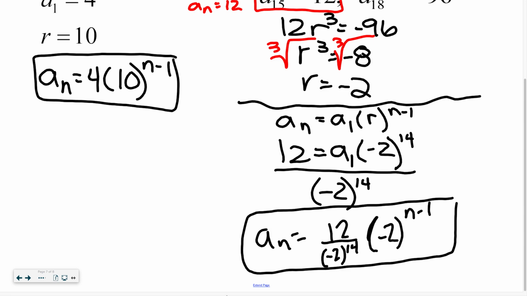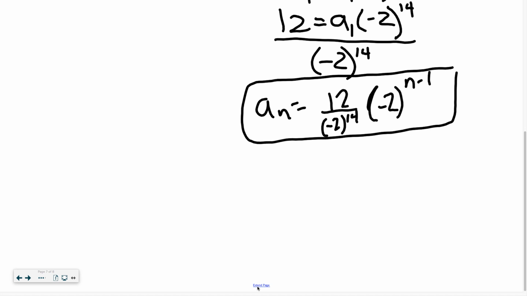So if you wanted to do that and then simplify the fraction, you could. So this right here is 12 over 16,384. Of course, I could reduce that, which my calculator will do nicely. So I could write it like this too. Either one is fine.